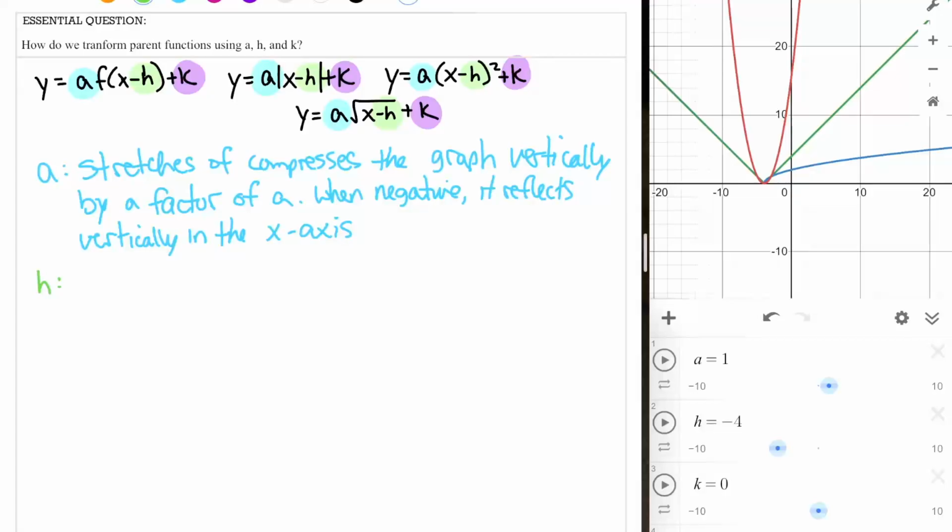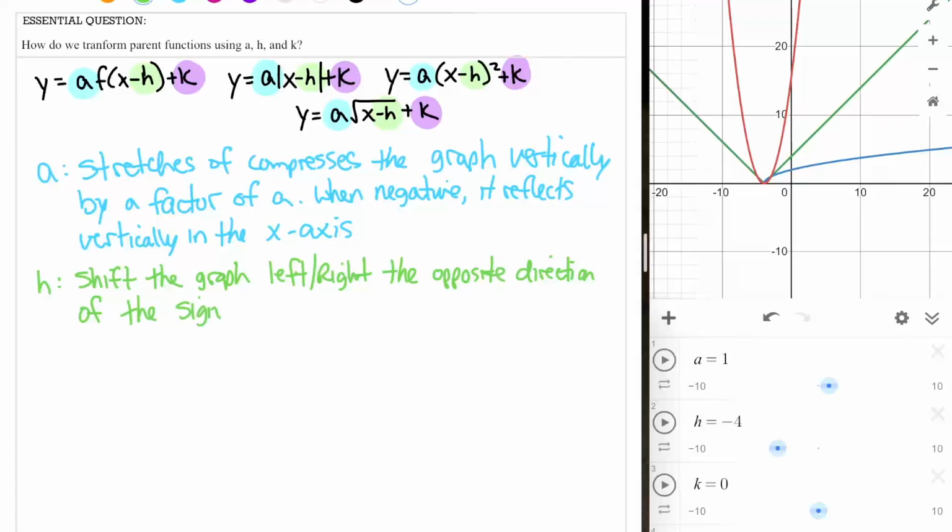So h will shift the graph left or right, the opposite direction of the sign inside the parentheses, or in the case of square root, underneath the radical, or inside the absolute value.